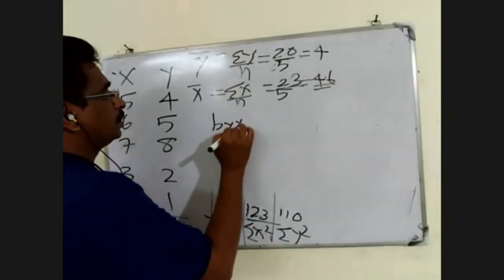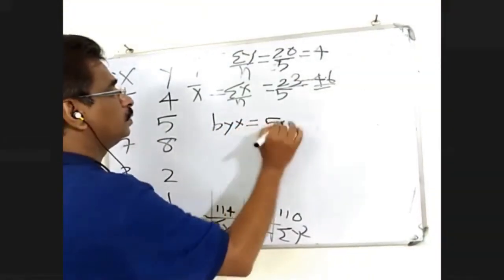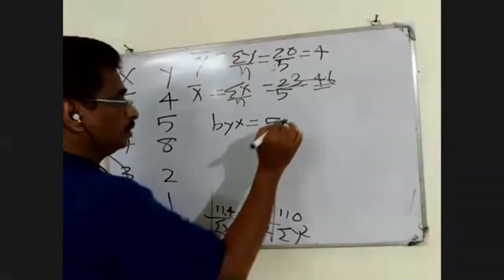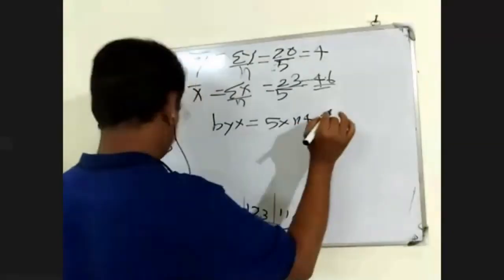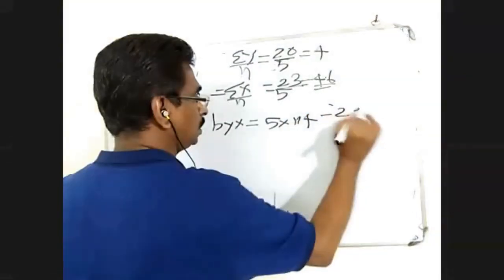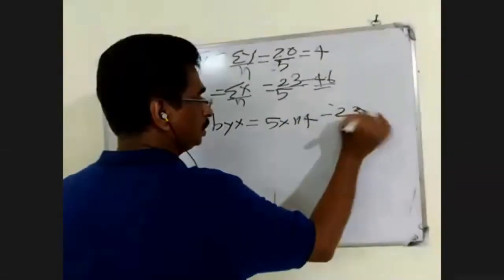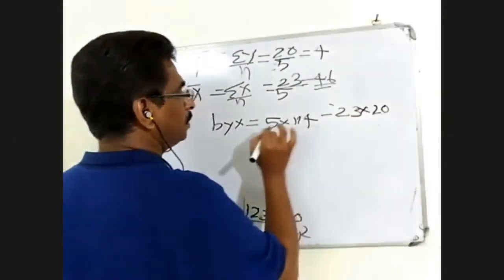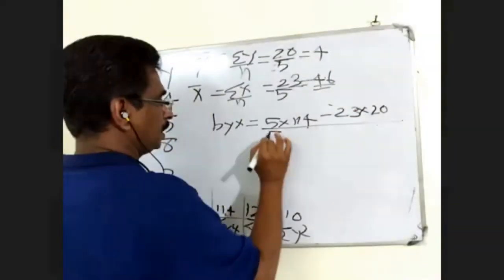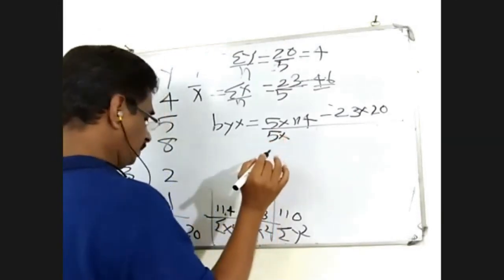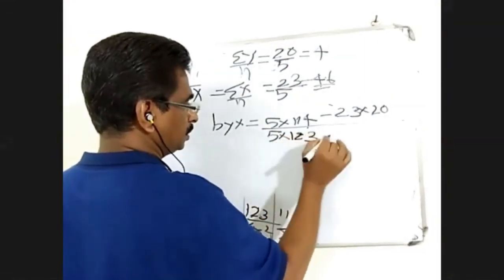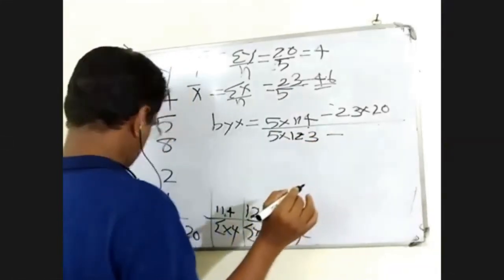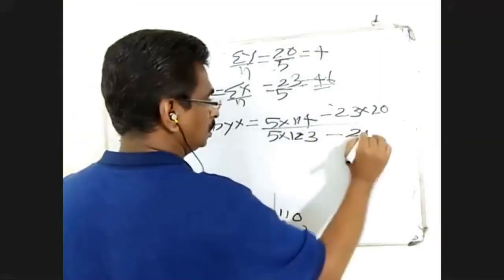Byx is equal to n sigma xy, n into 114, minus sigma x into sigma y, 23 into 20, whole divided by n sigma x squared, sigma x squared is 123, minus sigma x the whole squared, that is 23 the whole square.